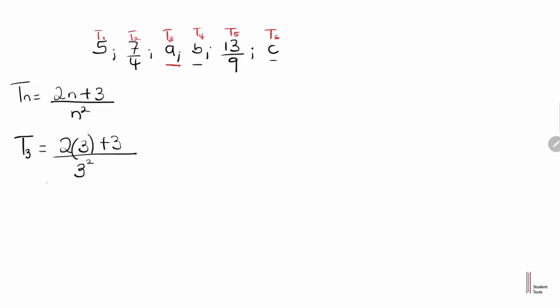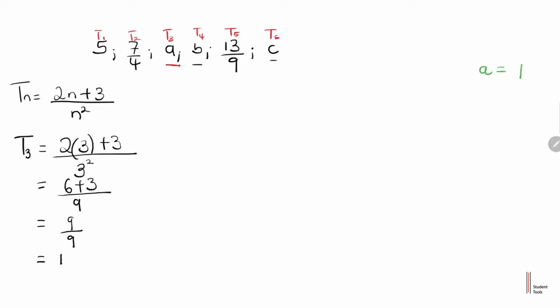So this is equal to 2 multiplied by 3, that's a 6, plus a 3 over 3 squared, that's a 9, equal to 6 plus 3, that's a 9 over 9. This is equal to a 1. So that means a is equal to a 1.